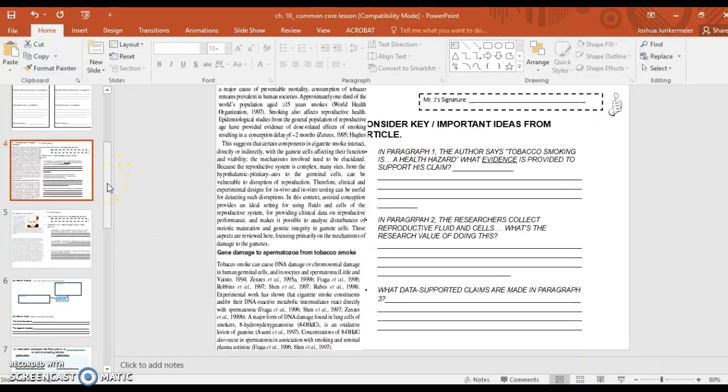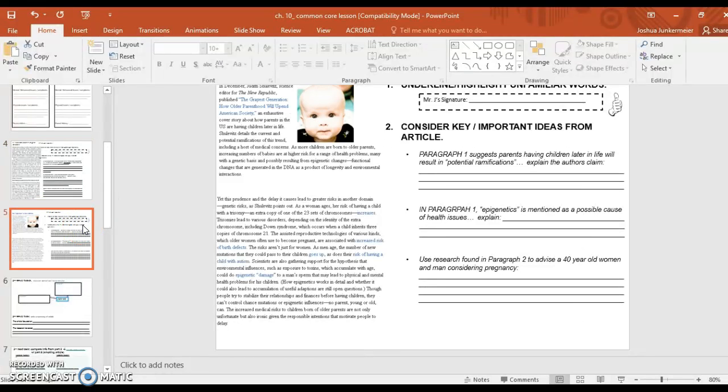And you have to decide, should I be reading an article based on parents who smoke and how the process of smoking might affect gametes, or do I need to look at an article that talks about how old the parents were and problems that can come when parents are old and produce gametes? So reread your parent history, look at their ages, look at their lifestyle, were they smokers, and decide which article is most appropriate for you.